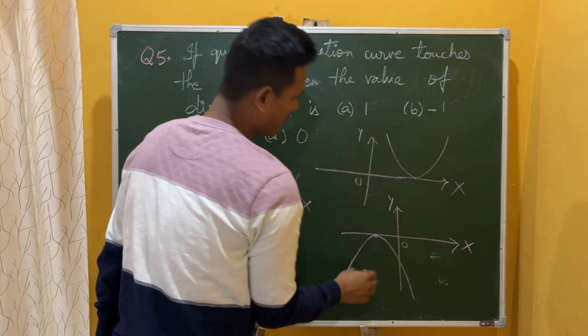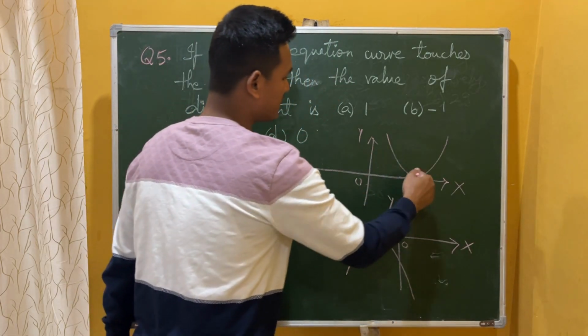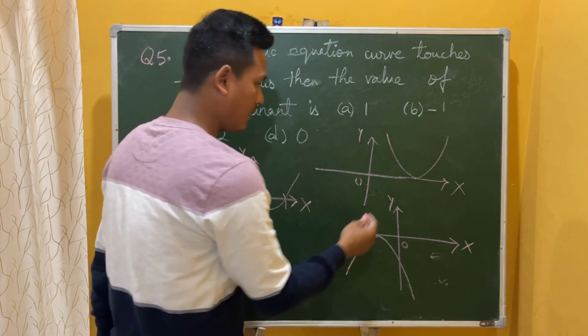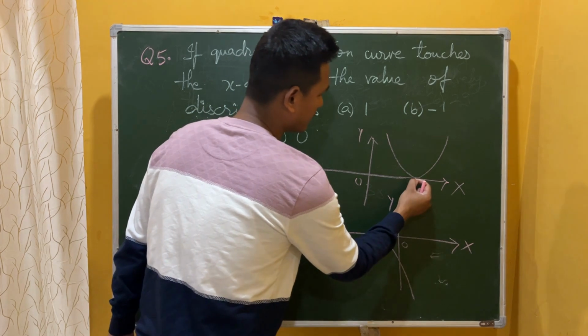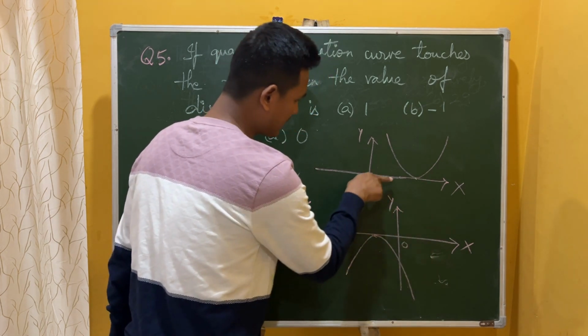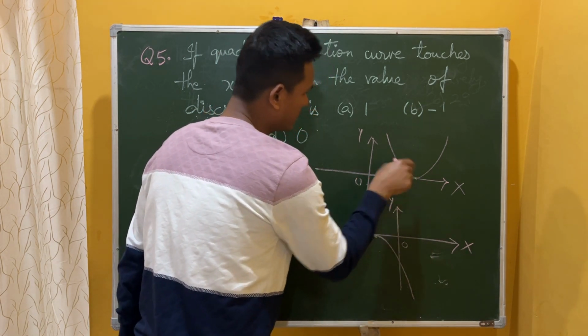In maths, if we say that a curve touches a line, that means it touches at only one point. Like this line acts as a tangent to the curve.